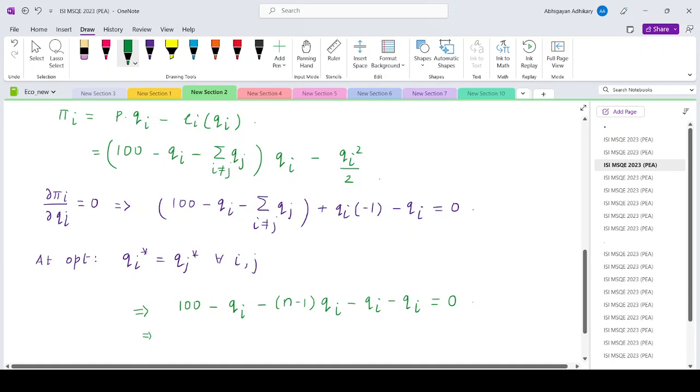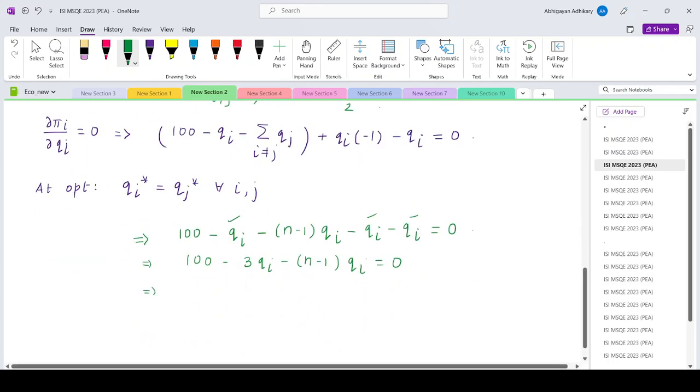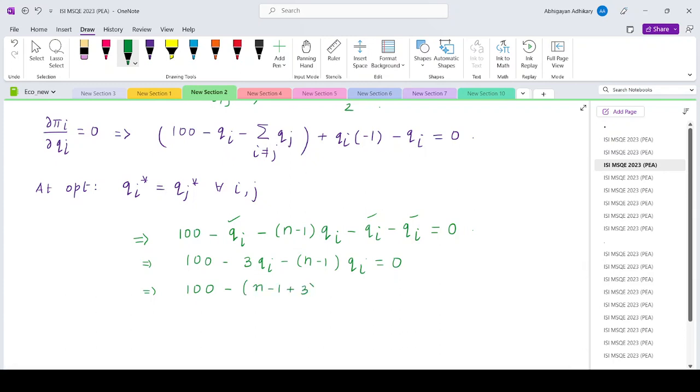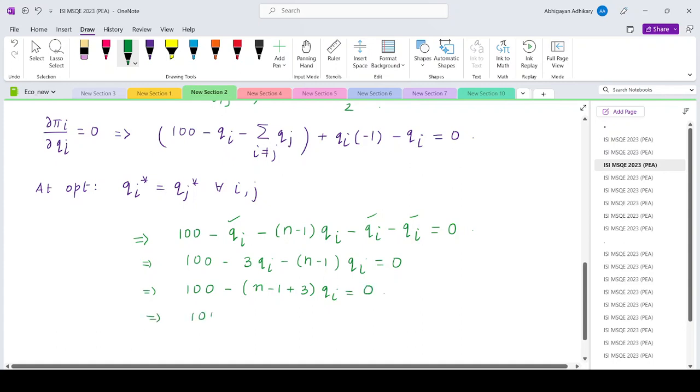So that is 100 minus 3Qi minus (n-1)Qi = 0. If you club the Q terms together, that is -(n-1+3)Qi, so 100 - (n+2)Qi = 0.